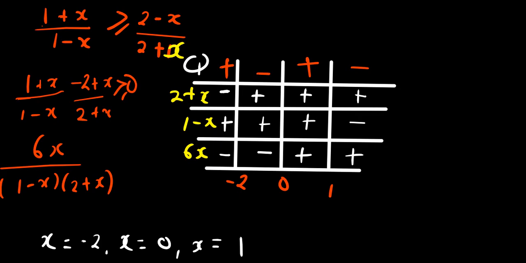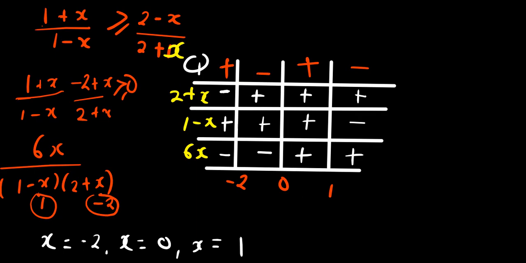Okay, in this case, which numbers are we going to get? If we put a 1 here, it will give us 0, right? And 0 in the denominator will make the fraction undefined. So we don't want this one. If we put a negative 2 here, 2 minus 2 will also give us a 0, right?